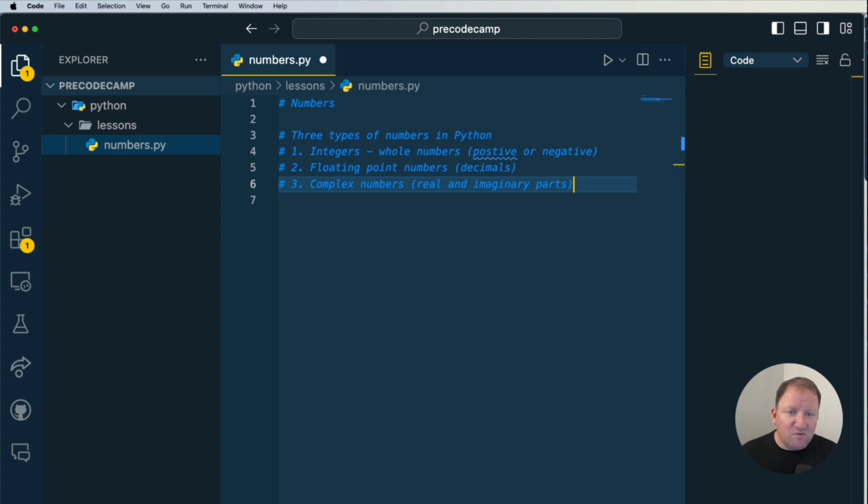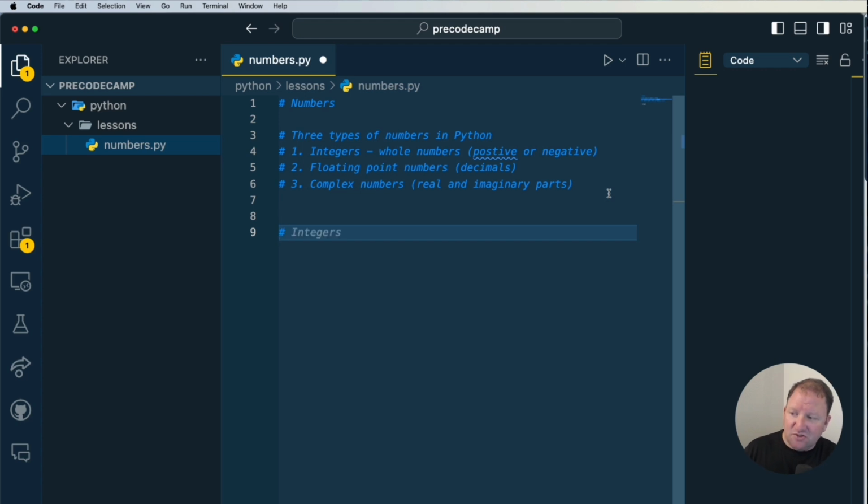So let's take a look first at integers. So when it comes down to the integers, we are talking again about no decimal points, and this can be positive or negative. So for example, we'll have a positive integer, we'll have that set to 10.